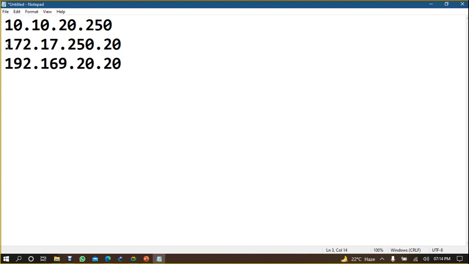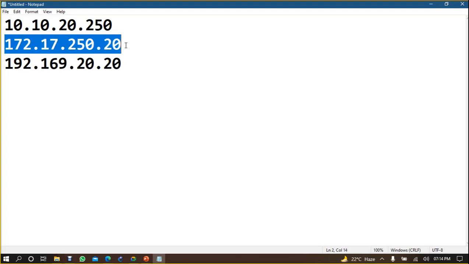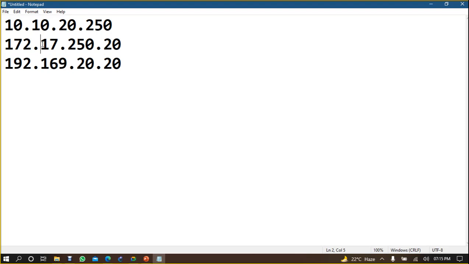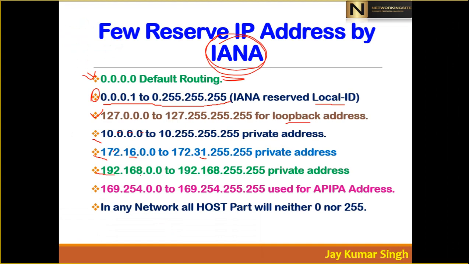This one is also private. No, why? Your private range is 172.16. But this is public. I said your private IP address is 16, not 17. If I write 17, that is public.